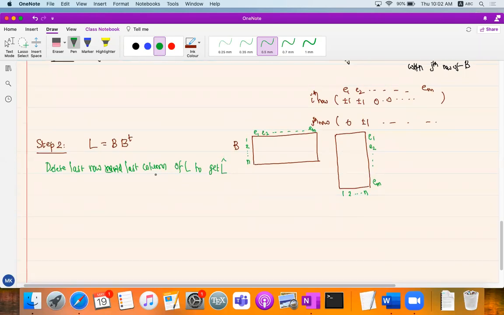For me, L hat is got by deleting the last row and last column. So can we write it as X X transpose for some matrix? So how do I delete, in terms of L equals B B transpose? If I delete the last row and last column of L, can you write it as X times X transpose for some matrix X?